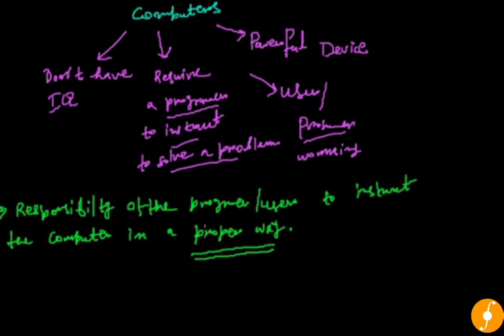Now, how will a user or programmer understand whether they are giving instructions in the proper way or not? To do this, the programmer or the user should have a clear understanding of the problem.